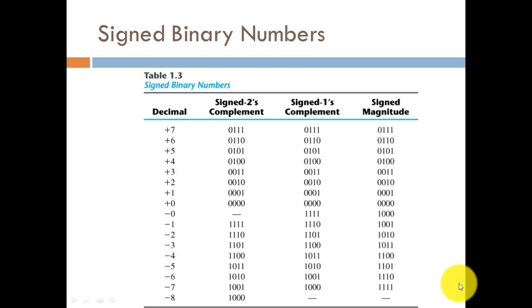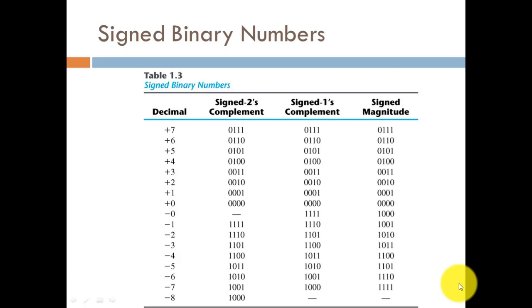In a similar manner, for -2, this 1 signifies the minus sign and the magnitude of 2 is represented as 010. The same is the case for 3. Its sign bit is 1, signifying the negative sign, and 011 is the magnitude of 3. In a similar manner, we make this signed magnitude representation of these decimal numbers.